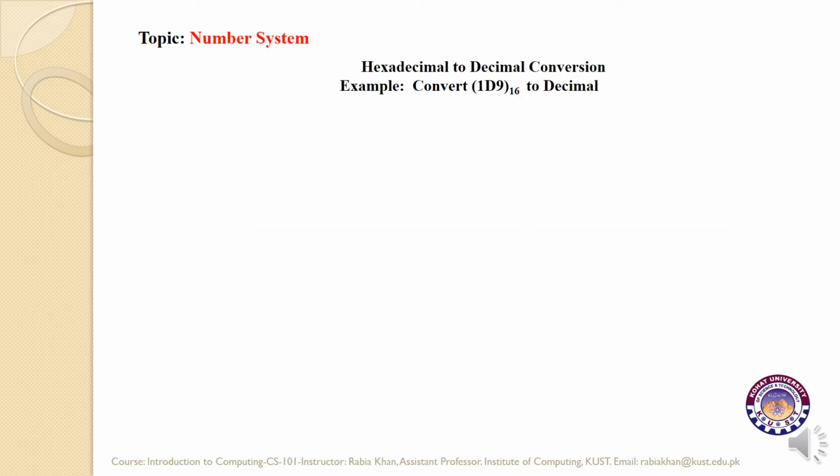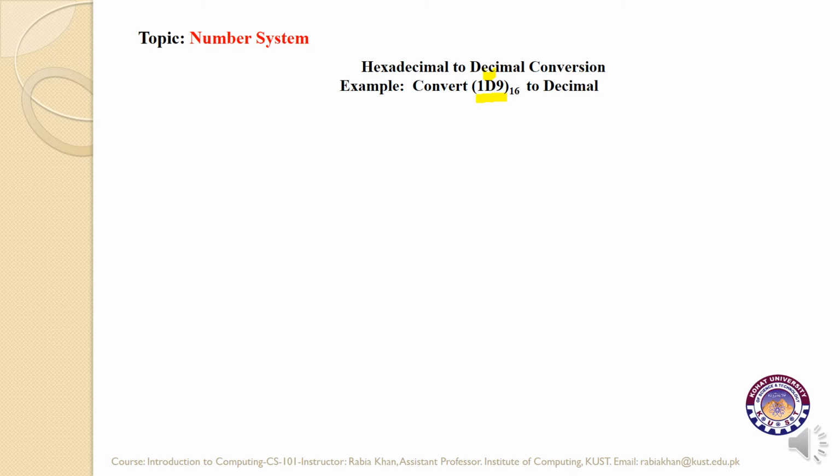Here we are given a hexadecimal number, 1D9. You can see D represents a hexadecimal digit, as the other three numbers do not contain alphabets.